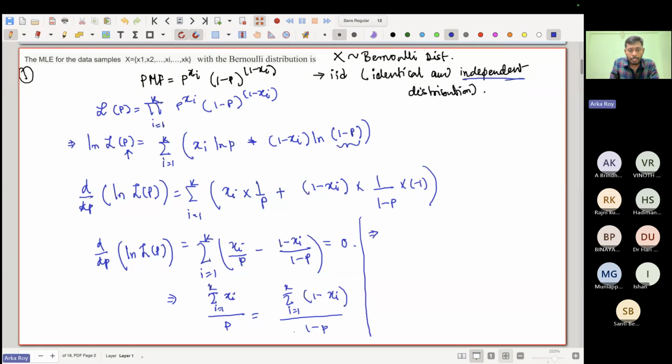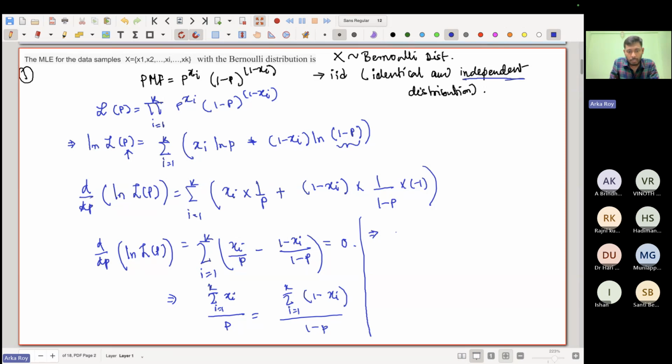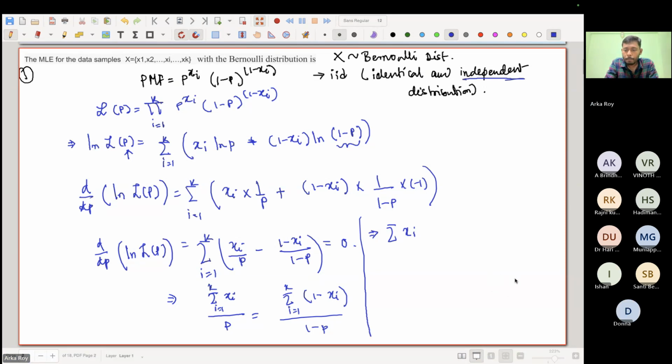So I can write it like this. Now I can do the cross multiplication. So on this particular side, it would be the summation of xi from 1 to k, and then p of the summation of xi, i equals 1 to k.